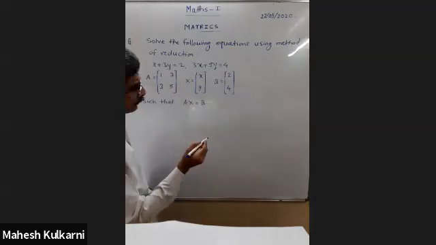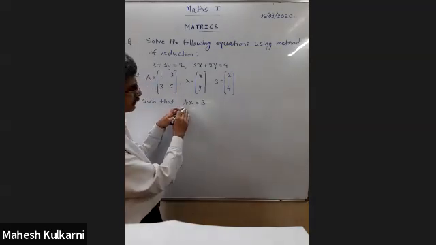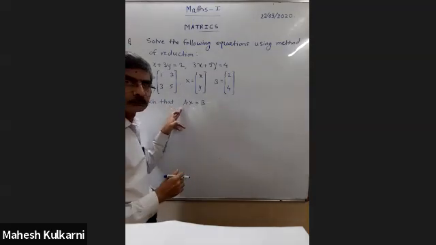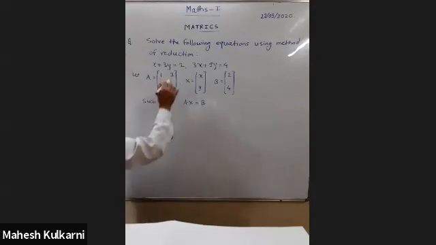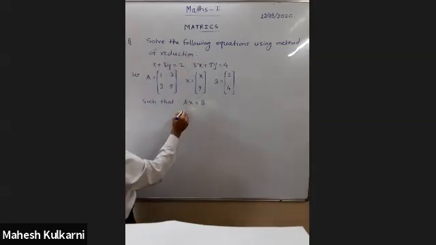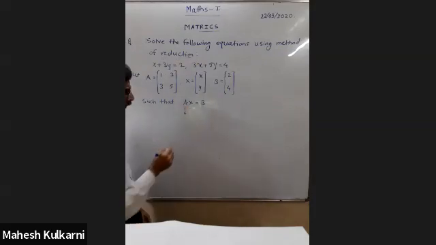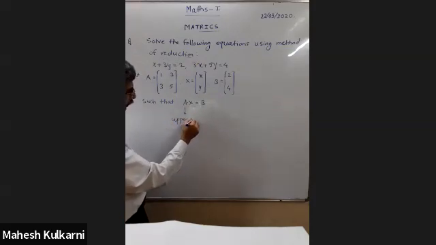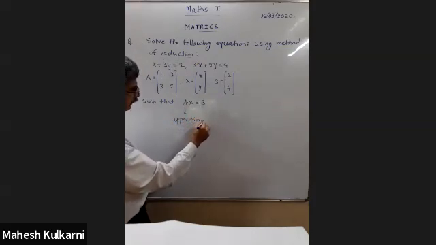Now, in the case of the inversion method, first we find the inverse, then we multiply by the inverse on both sides, and then we get the solution. In this reduction method, matrix A is to be converted to an upper triangular matrix.